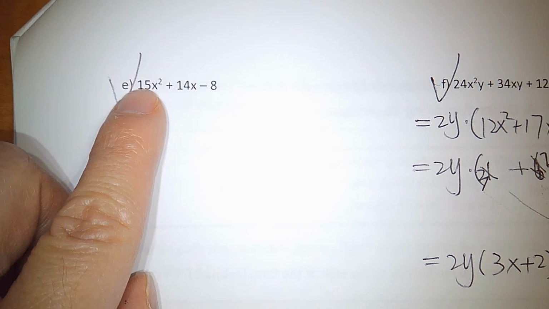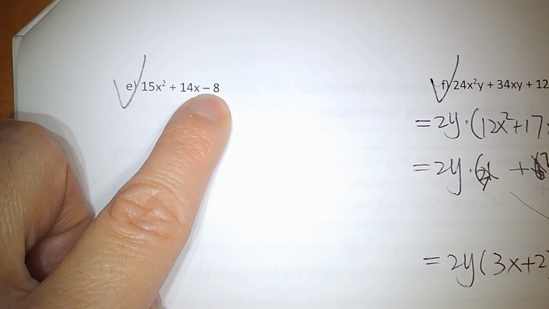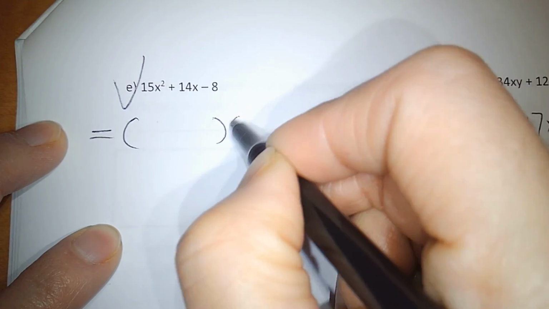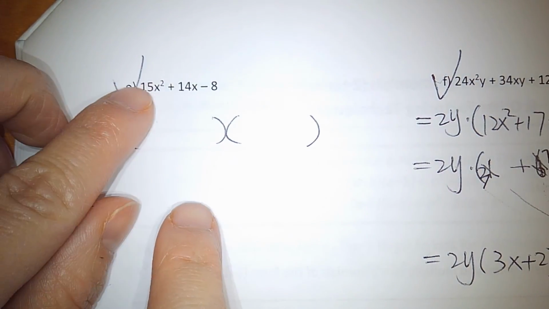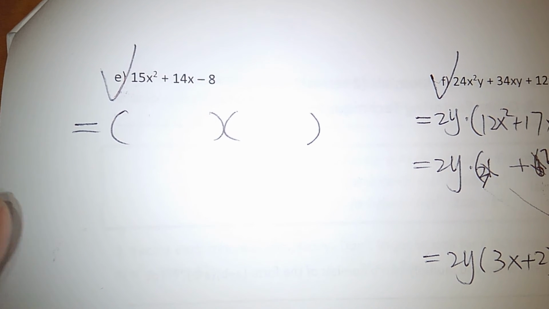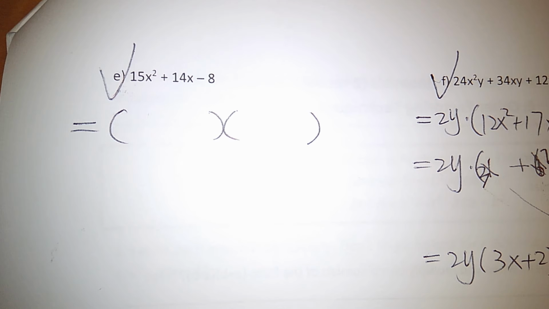So this is already in ax squared plus bx plus c, right? So to factor by FOIL, what do we do? Factor the 15x squared, right? Factor the negative 8. Give it a try, please. You really have to work on it. Otherwise, if you just stare at it, we're not able to get the answer.